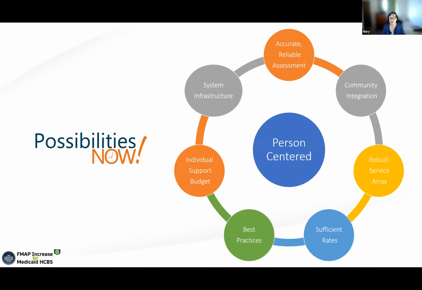Another core commitment and feature infrastructure is community integration, not only because it's a federal requirement, but because that's the direction that we are moving in. And to have accurate and reliable assessment. So again, as we plan on how to use the enhanced funding, these are our anchors. And next slide.